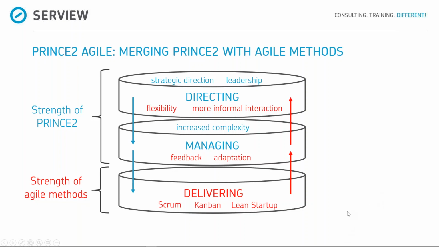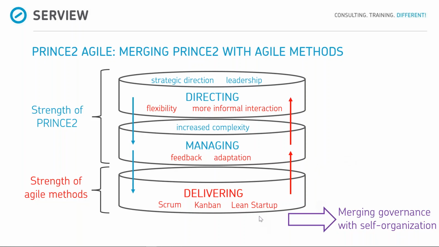It will strip PRINCE2 of everything that is super strict and everything that can actually be handled more flexibly, and then connect that with all of the Agile flexibility guidelines. And to put that into a nicer sentence, it's about merging governance with self-organization. So this is really to the point.